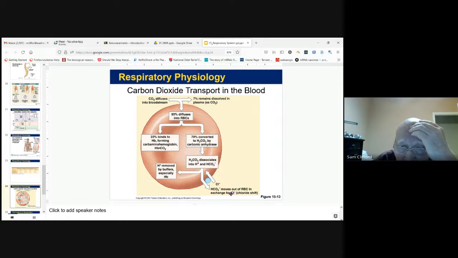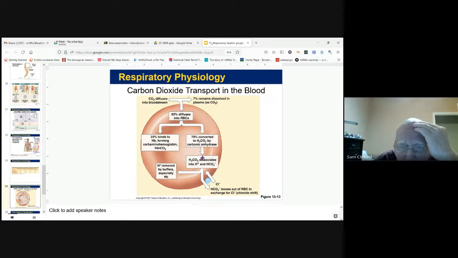And you have to have this chloride shift to balance the positive charges of the acid. So the HCO3 is coming out and the chloride is going in to electrically balance the chemical equilibrium. So most of the CO2 is converted into carbonic acid by an enzyme.